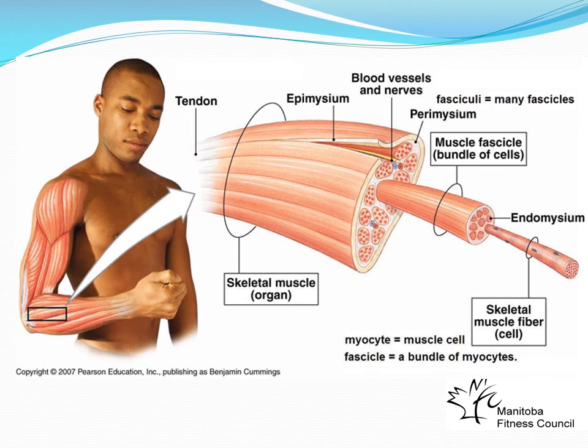Here's just a visual of what we just talked about. You can see the muscles in this gentleman's forearm. It goes from his tendon into his muscle, and then the muscle is bundled with an epimysium. It ends up having perimysia and then a bundle of muscle fibers, down to the individual muscle fiber itself.